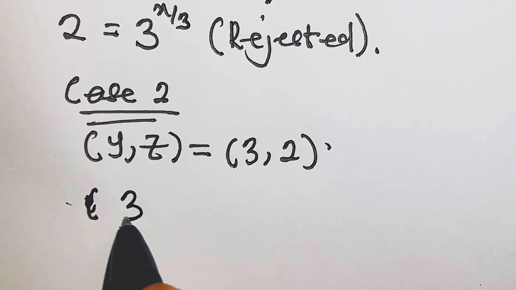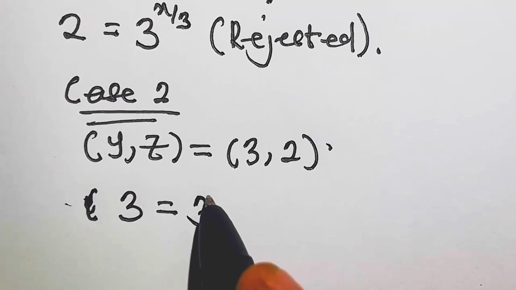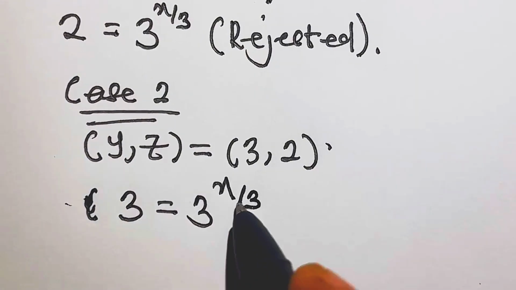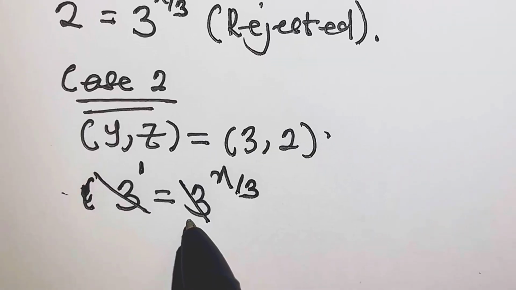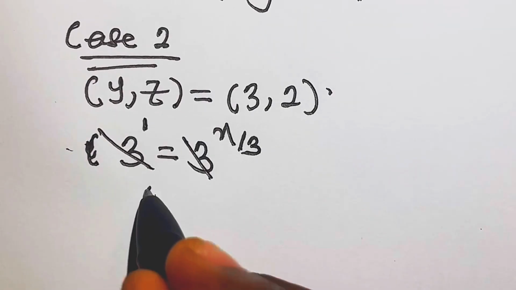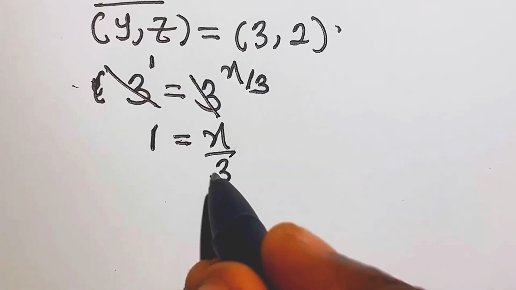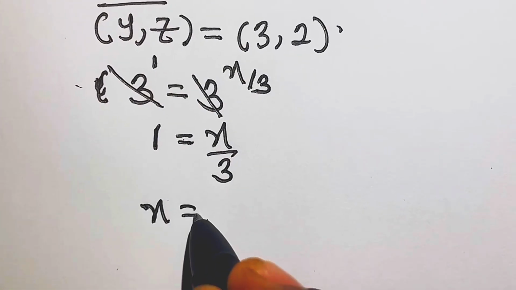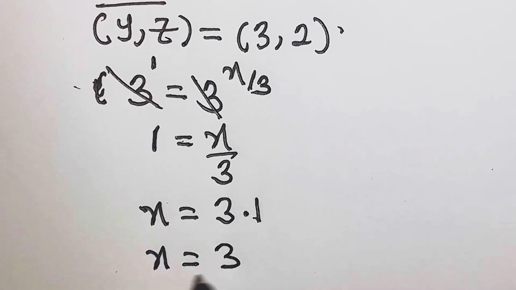That is 3 equals 3 raised to power x divided by 3. And from here we know this one is raised to power 1. So we neglect the base and equate the power. So we have 1 equals x divided by 3. If we cross multiply here, we have x equals 3 times 1, and 3 times 1 will give us 3.